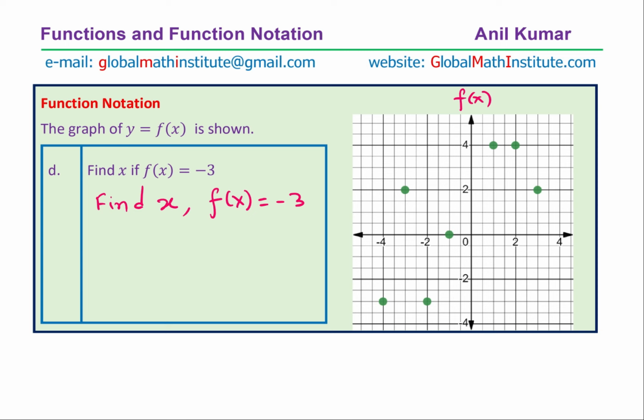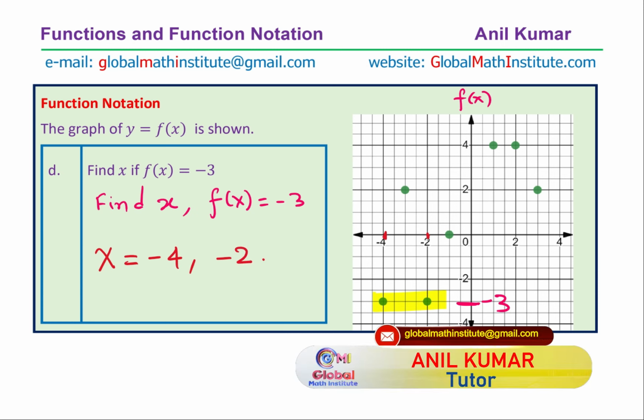That is given to us as minus 3. So here is minus 3 for us, right? So for minus 3, what is the value of x? We actually have two values, as you can see here. Perfect. And therefore, we have x equal to minus 4 and minus 2. Is that okay? So there are two solutions for the given situation. These are the two answers for you.